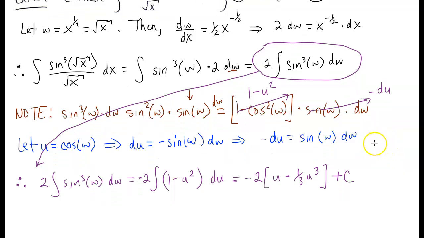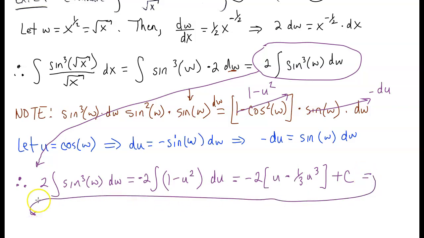And from here, all we need to do now is back substitution to get our final answer. Okay. So from here, we know that our u was actually cosine of w. So this will be -2 times cosine of w minus 1/3 of cosine cubed of w plus c.